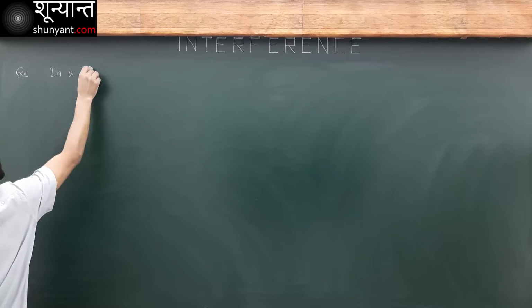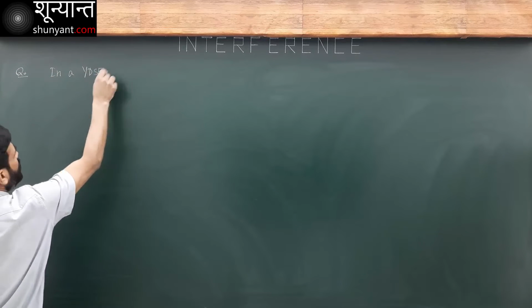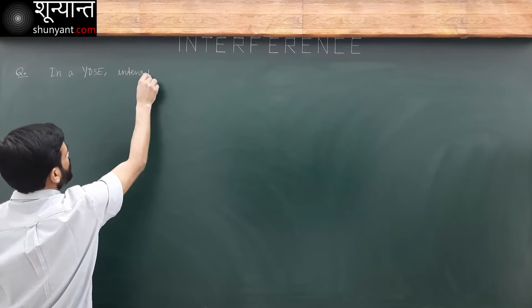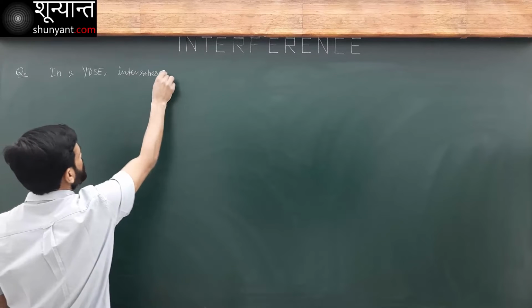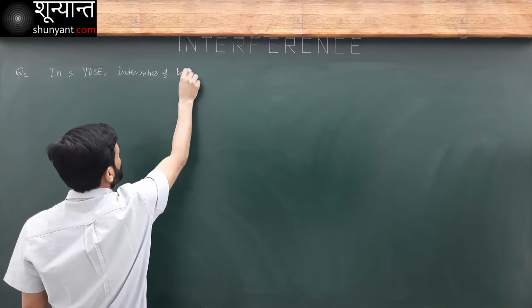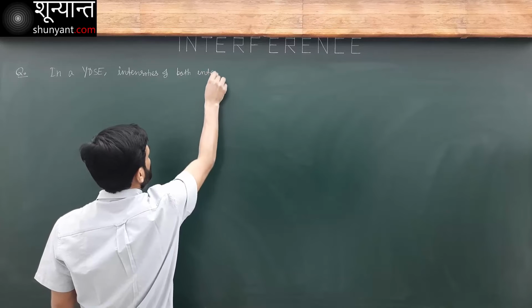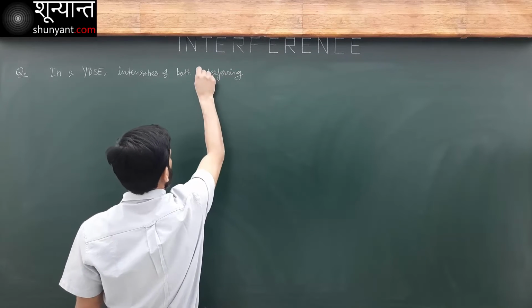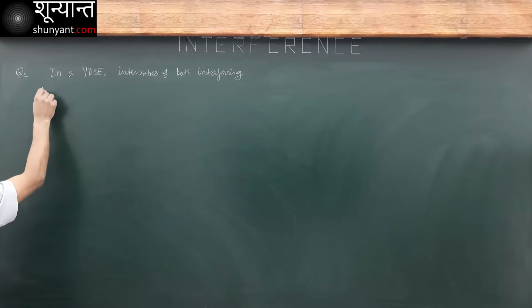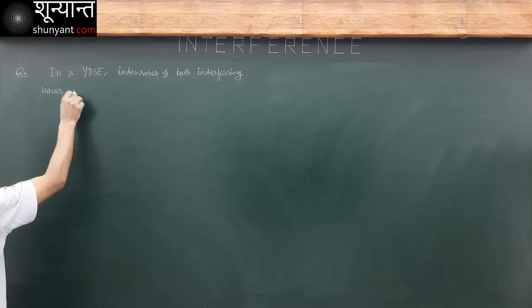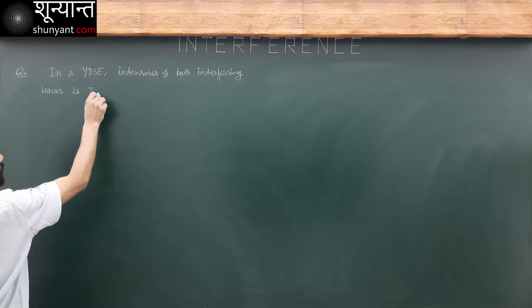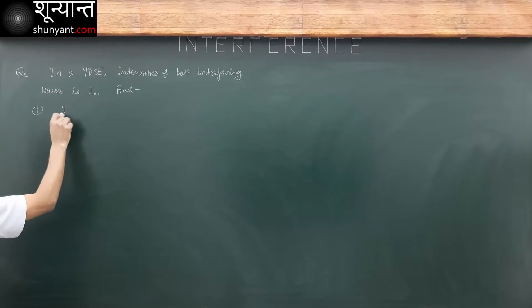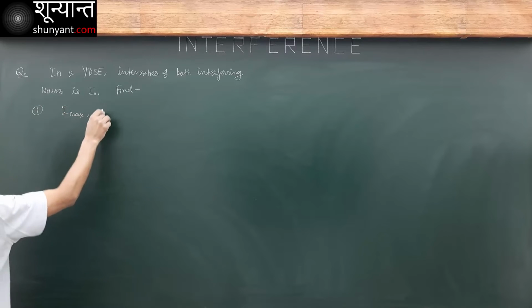In a YDSE, intensities of both interfering waves is I. Find first I max, I min.